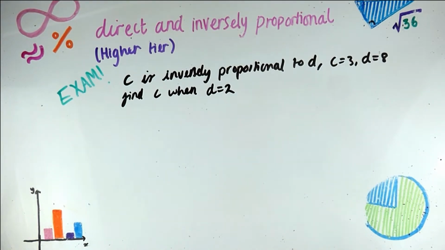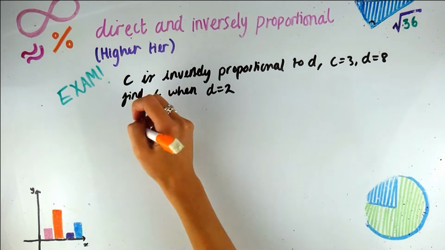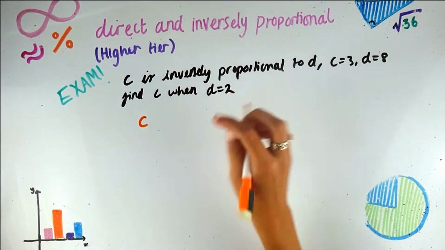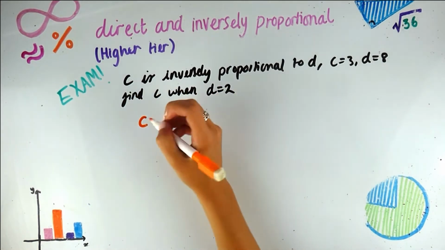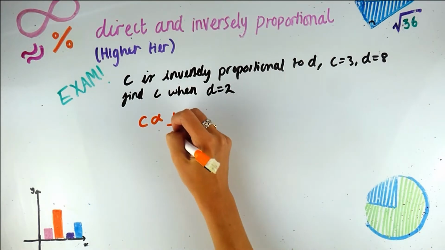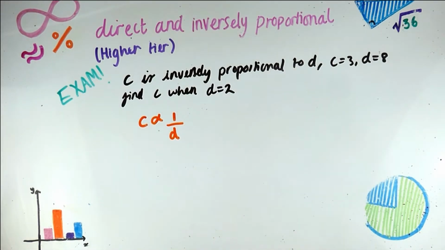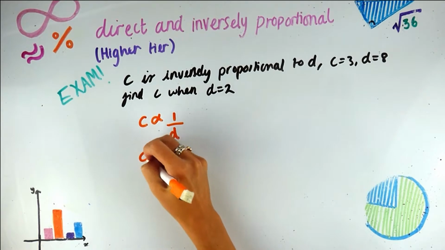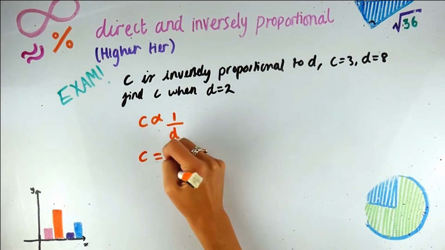C is inversely proportional to D, C equals 3, D equals 8, find C when D equals 2. First of all, we're just going to translate this first sentence from English to maths. So C is inversely proportional to D. So C, inversely 1 over, proportional fishy to D, D underneath. Now we know we can write fishy as equals K, so C equals K over D.